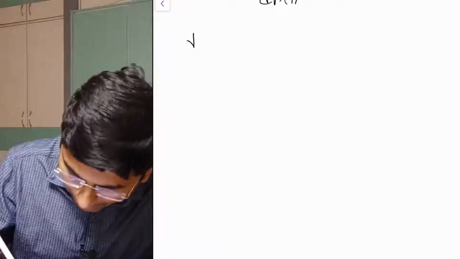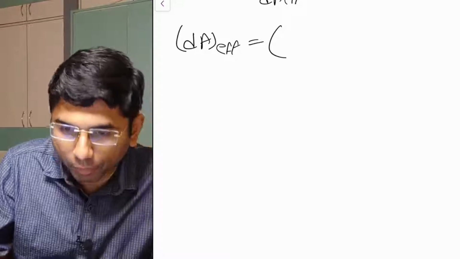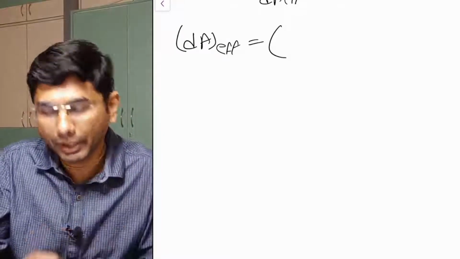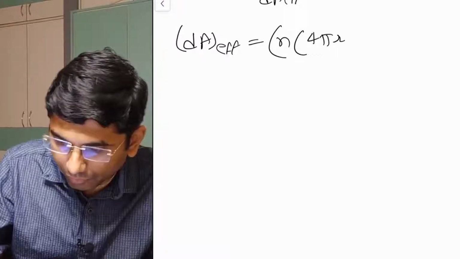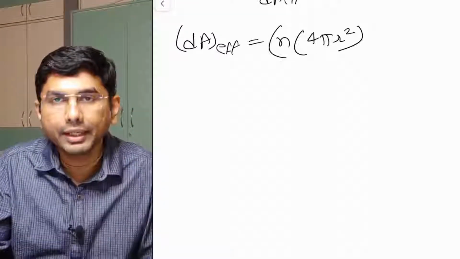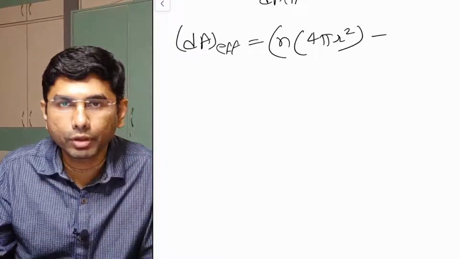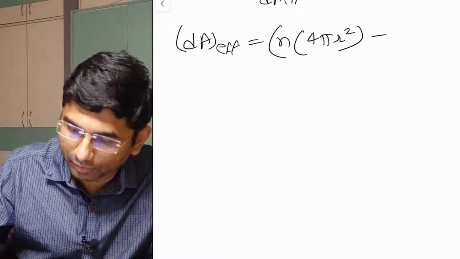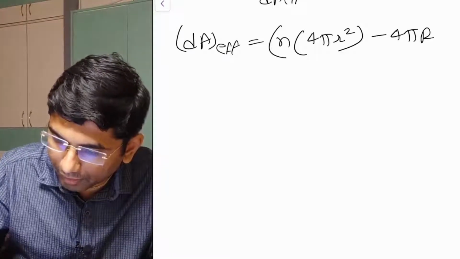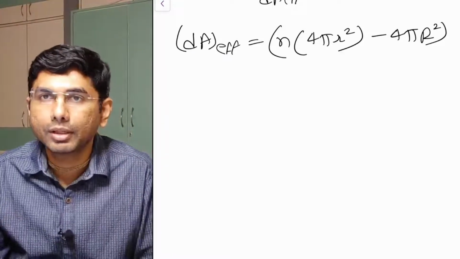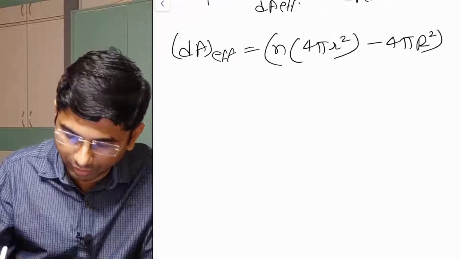Now the change in effective area, delta A, will be the area of all the droplets, n into 4 pi r square, minus the initial area of the drop, 4 pi R square. By finding this, I can get the value of change in area.